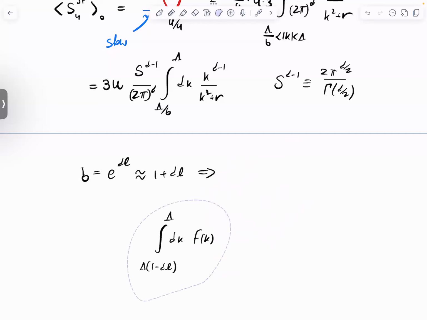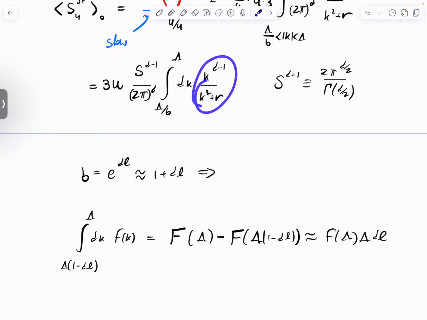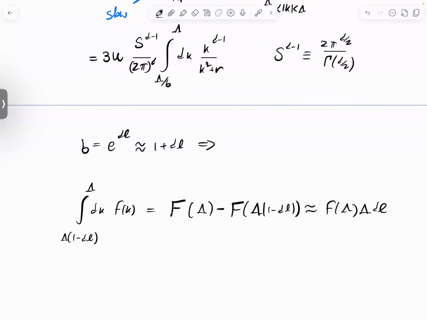Now, what does this integral give us? This integral is like the inverse derivative of f of k, the integral between lambda times 1 minus dl and lambda, which is more or less f of lambda times lambda dl. So it means that we don't really need to do this integral at all. The integrand gives us everything we need to know.